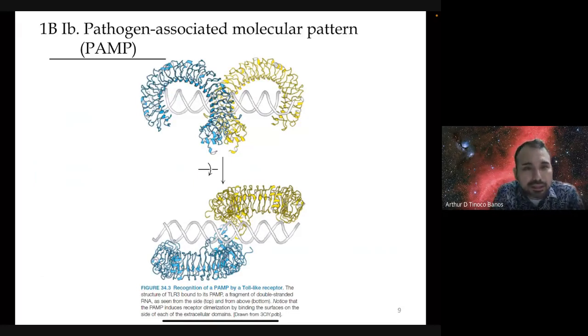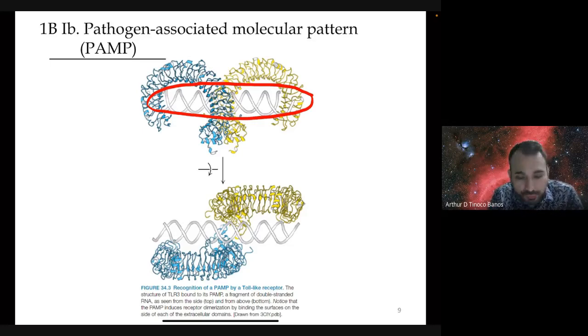So here we get a structural representation of the interaction of a toll-like receptor with one of the PAMPs. As we can see right here, this is the recognition of the PAMP that corresponds to toll-like receptor 3. Recall, that particular receptor has the ability to recognize double-stranded RNA. So we see the double-stranded RNA interacting with the leucine-rich repeats.